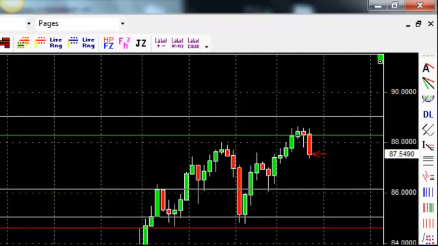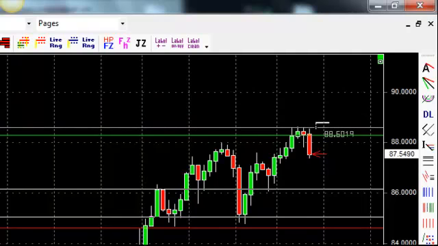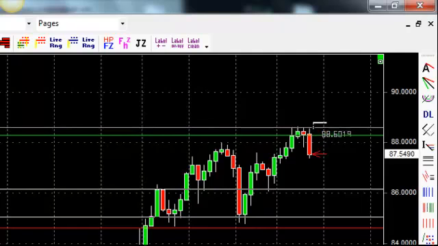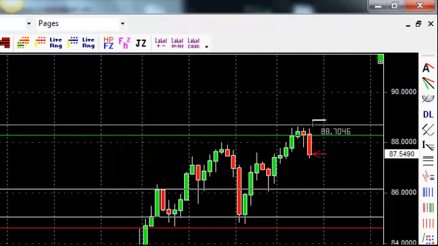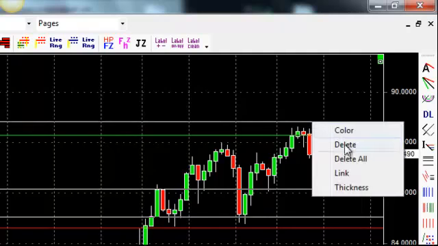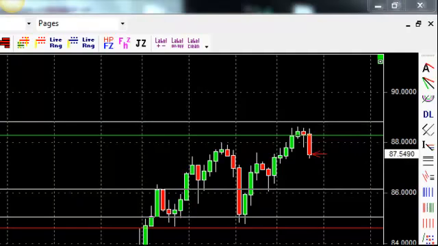The reason that we did this is price continued rejecting off this for 3 days. So we took the trade last night. The price took us in, and you can see right here I put a stop at 88.83. So right there is where we put our stop. And we are looking for price on this to drop down.